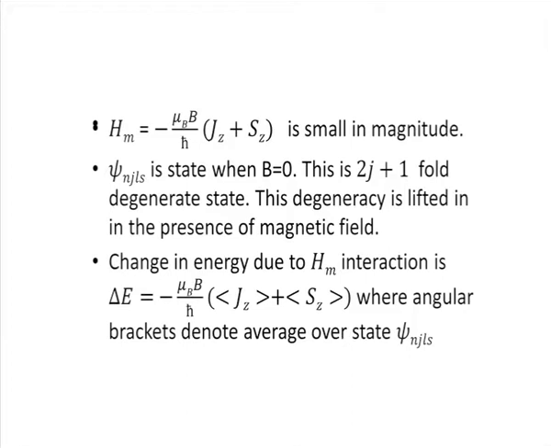The change in energy due to the H_M interaction is delta E equal to minus mu_B B by h bar (<J_z> plus <S_z>), where angular brackets denote the average over the state psi_n j L s. If we want to find out how much the energy has shifted, we must calculate <J_z> and <S_z>.